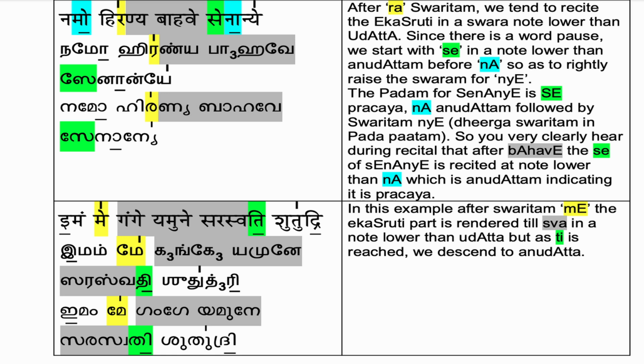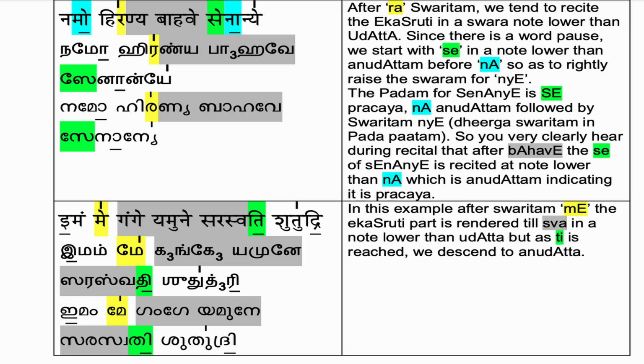So, these are the 3 concepts based on the questions that have been raised. We will see and take it further. The way you were originally taught in the class, there are minor variations that you will start observing. Many of the gurus, when they teach you Namo Hiranya Bhagave, the Inya Bhagave will not be at the same level of Udatam as Ne.